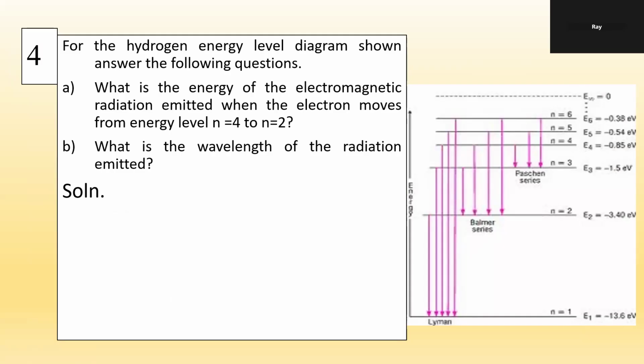At n equals 4, E4 is here. Take the initial minus the final. You can either take the negative sign, negative 0.85 minus negative 3.40, or don't bother about the negative sign, just take the largest one minus the smallest one, E4 minus E2. The answer is always positive, 2.55 electron volt.